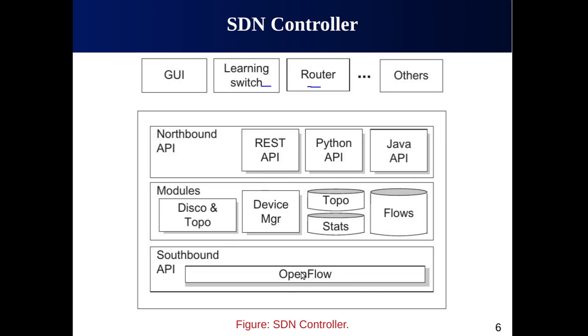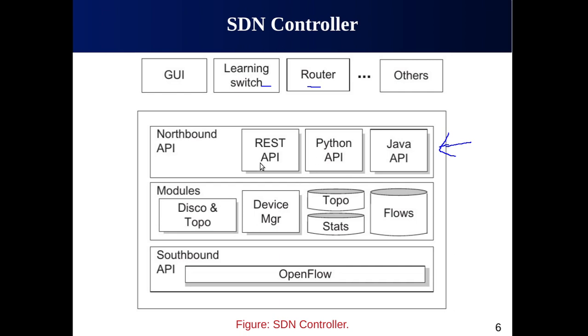An example is given, which is OpenFlow, and here we have plenty of options available: REST, Python, Java based API, etc. I mentioned earlier that we lack standardization for the controller to application interface. Different organizations have developed different standards, like the REST API, which is the most common one, Python and Java, etc.